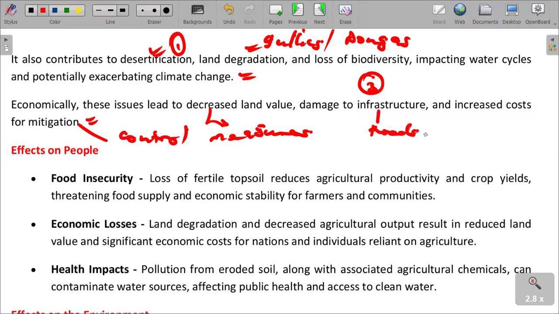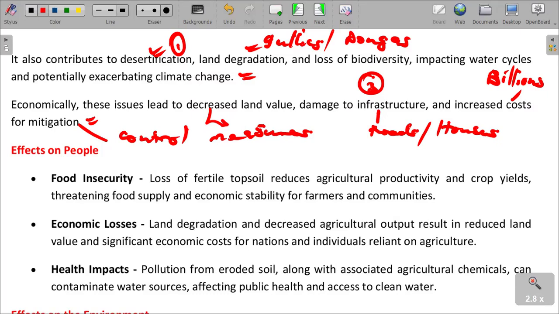Roads are damaged. Our buildings and housing are also destroyed and so forth. These are serious problems. Government is spending billions, increased cost. We talk about billions of rands needed in order for us to solve such problems.